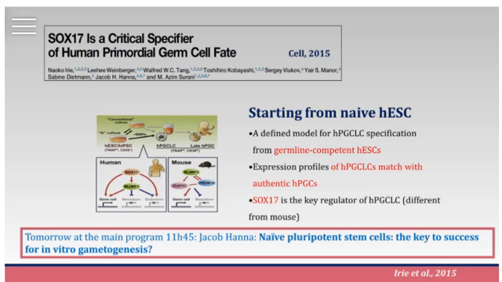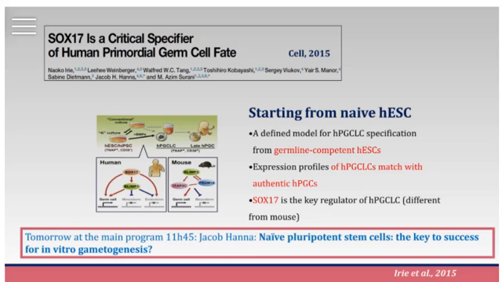Again, the group of Jacob Hanna from Israel, in collaboration with the group of Azim Surani, who is one of the pioneers in the stem cell field from Cambridge, published a study last year in which they started for the first time from naive human embryonic stem cells. All the previous studies were done with primed human embryonic stem cells, but they were the first to try it also in naive human embryonic stem cells.